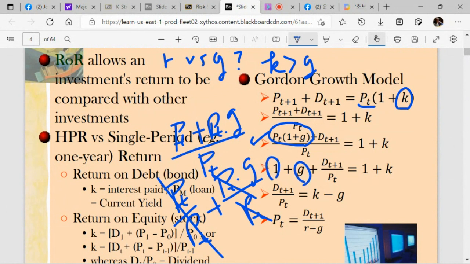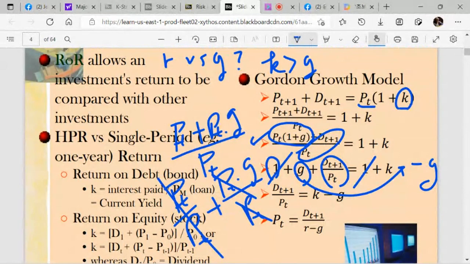And then, of course, this will still be just dt plus 1 over pt. So now we collect the like terms, right? 1 and g, if you move it to the right-hand side, this one will be negative. 1 and 1 will cancel out. And when it goes to the other side, it will change the sign. So now we have dt plus 1 over pt equals k minus g.